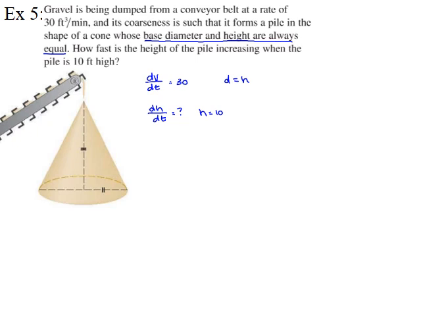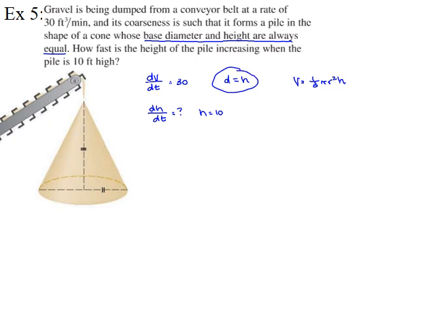All right, since we're dealing with volume of a cone, you have to remember your volume of a cone formula. So volume of a cone is 1/3 pi r squared h. Now you'll notice here's the problem. There's an r in this formula and there's nothing to do with radius over here. That's fine. That's where this relationship right here is going to come into play.